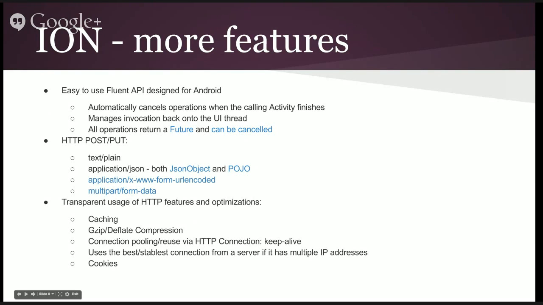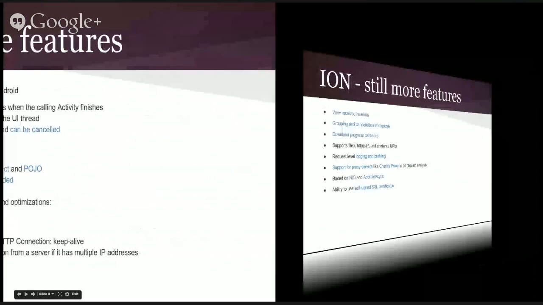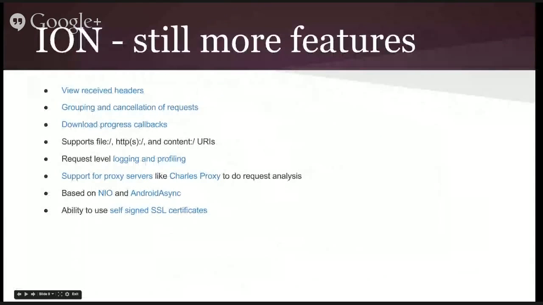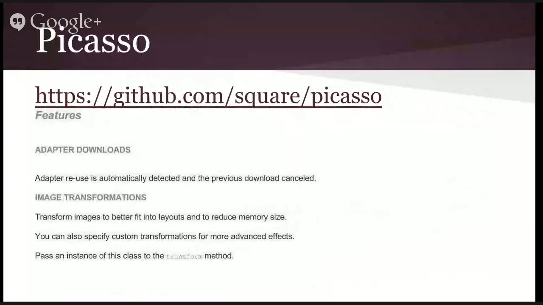You also get a pretty robust backend client. So this again is just more and more features that it has. Not going to cover too much here, but it's a lot more HTTP client features. And that's pretty much the feature list for Ion.